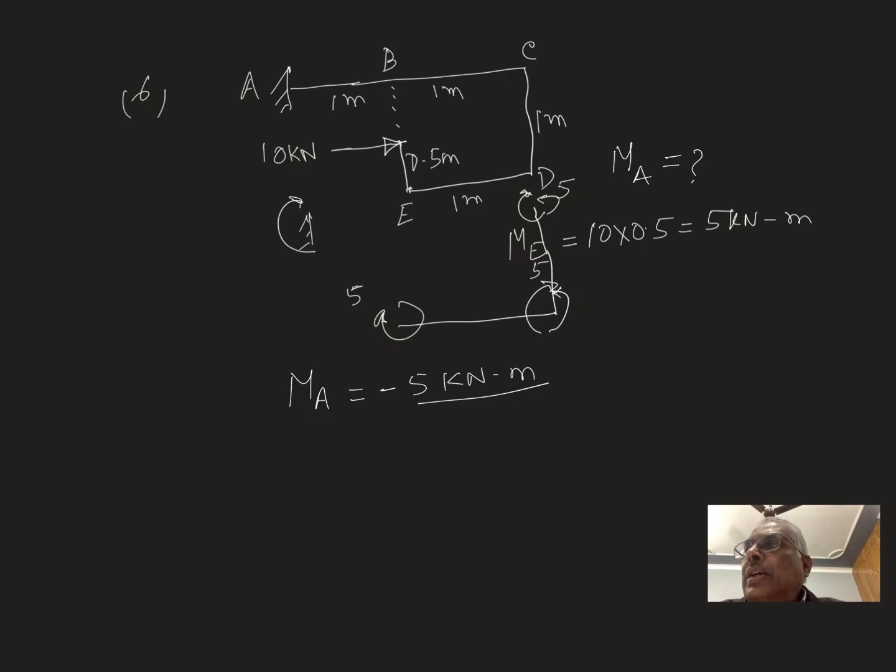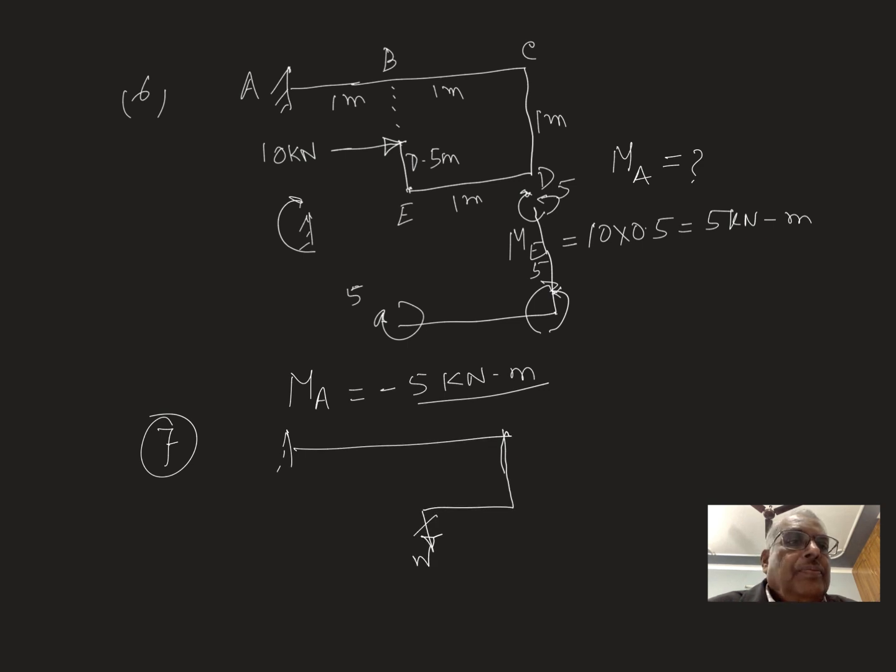Now we can take another problem, 7. This is L, this is L. Let's say A, B, C or D. What do we have to find out for this?